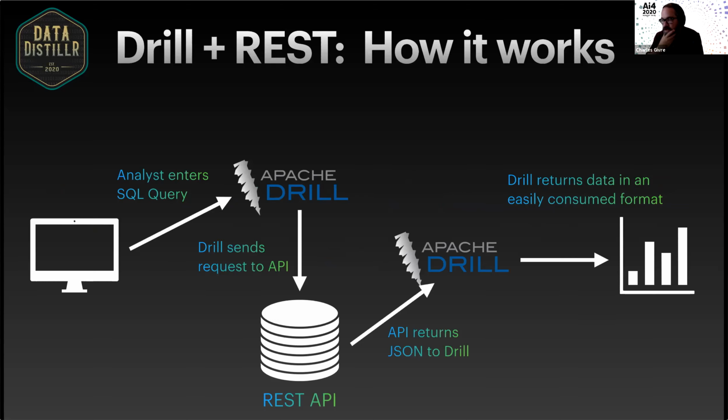That's what you're seeing here in the diagram: an analyst would enter a query, Drill would then send that query to the REST API. The REST API would do its thing and return the data back to Drill. Drill then would map that to columns and rows, and the data comes back in a much more easily consumable format.